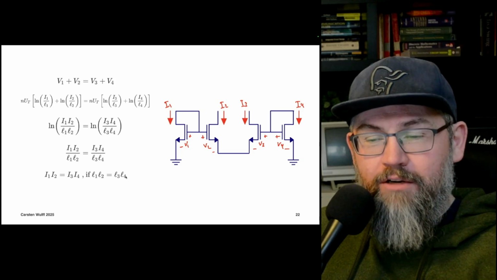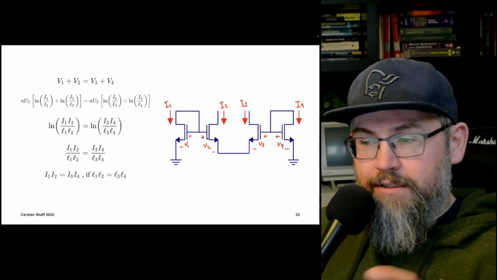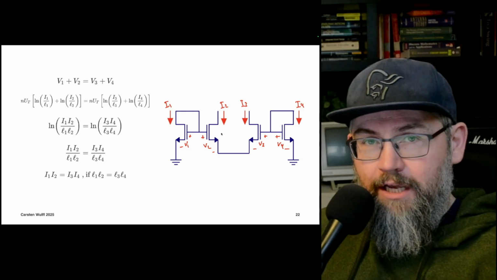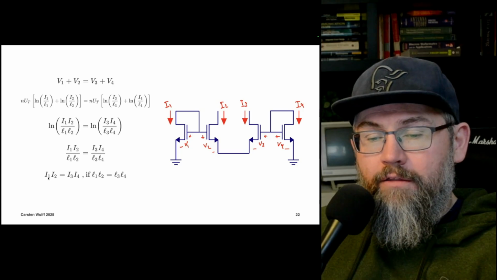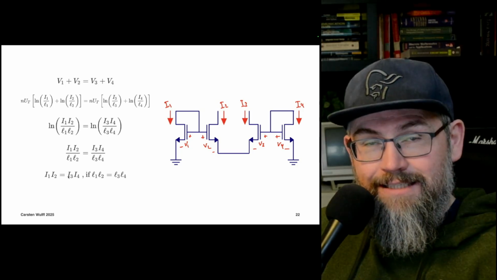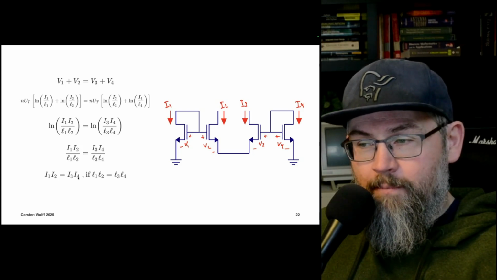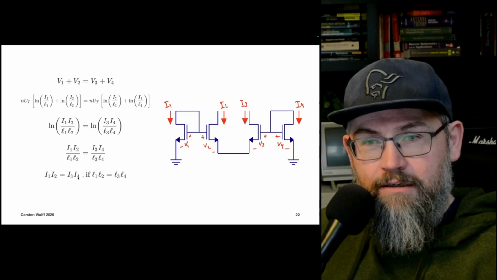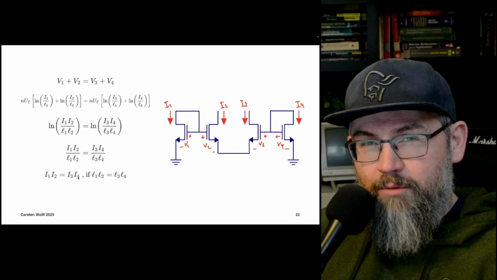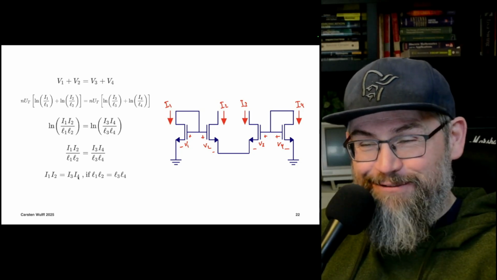And if we assume that all the L's are the same, and that means that the transistors are exactly the same, they're matched, they have the same threshold voltage, they have the same everything, then we can see that I1 times I2 is equal to I3 times I4. And that's interesting. But maybe not that interesting yet. Let's go a little bit further.